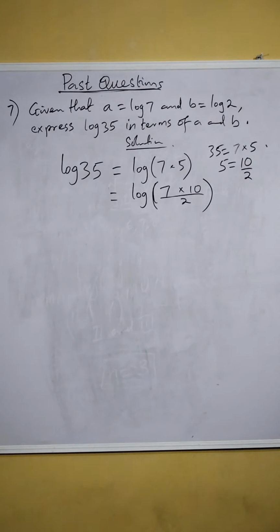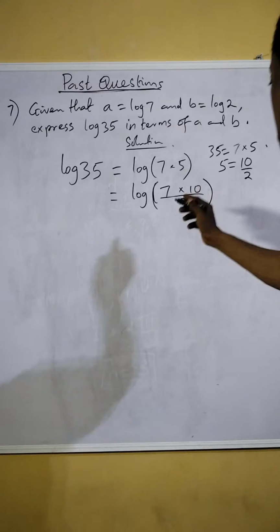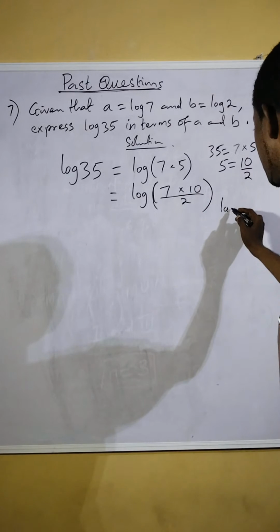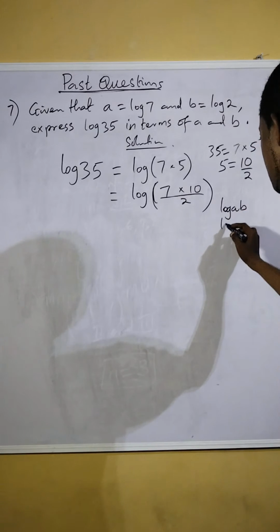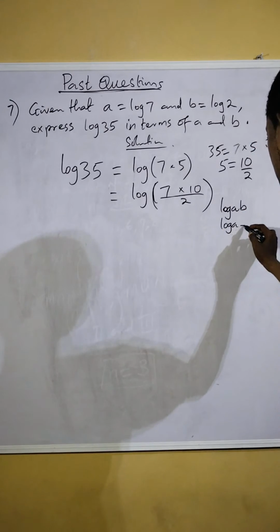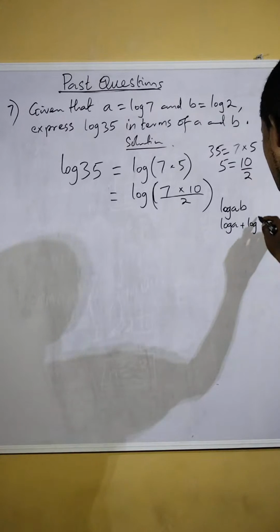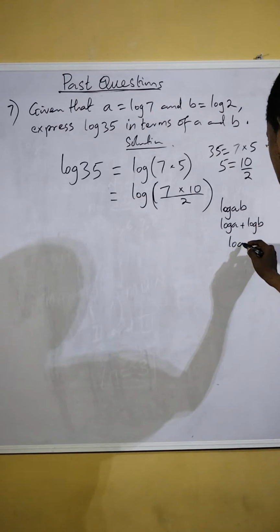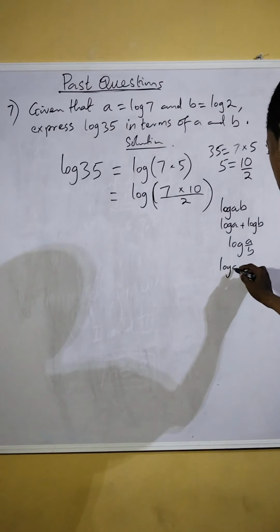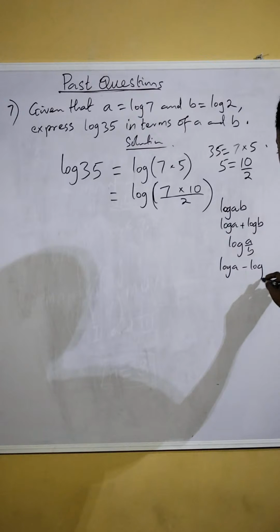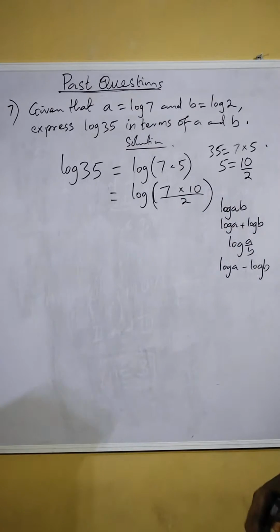Now, we can break this down, applying the law of logarithm. There is a law for multiplication. When we have log A times B, this is the same thing as log A plus log B. And also when we have log A over B, this is the same thing as log A minus log B. So the two here are combined in what we have now.